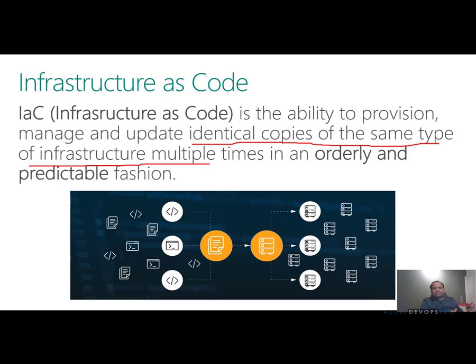It always starts with dev, then it may go to QA, it may go to staging, and then it goes to production. So you have to have some system where you can create the same thing again and again in a very orderly and predictable fashion, so that you can be sure that if you click this button, it is going to be the same thing that you have in dev or in QA and so forth.